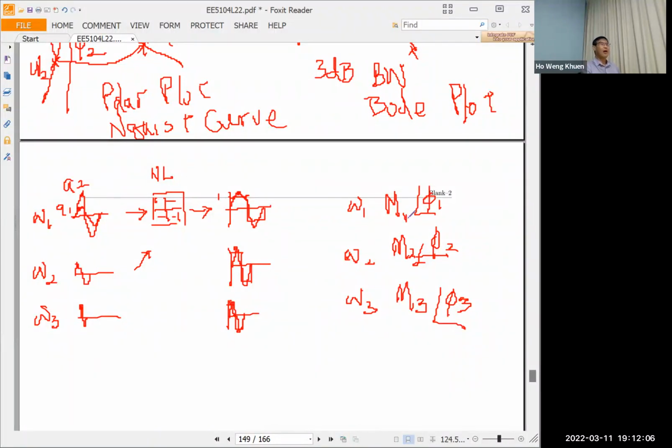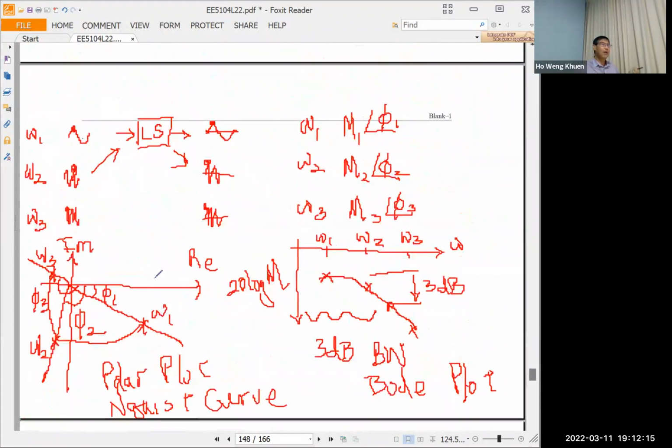So unlike the linear system, you cannot go home. Here, if this is A1 and then you increase the amplitude to A2, the output amplitude will also increase, and if you take this divided by this, you will still get M1.